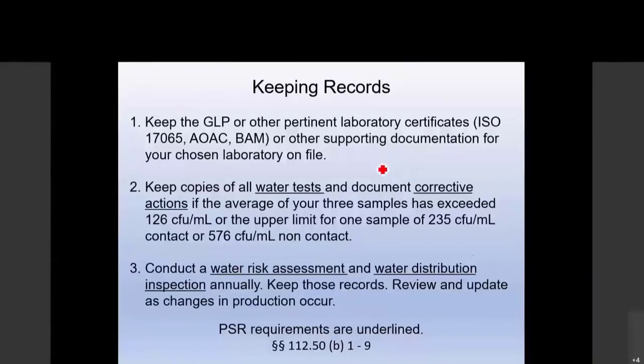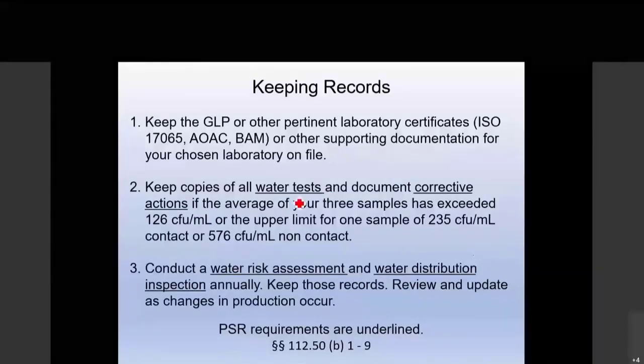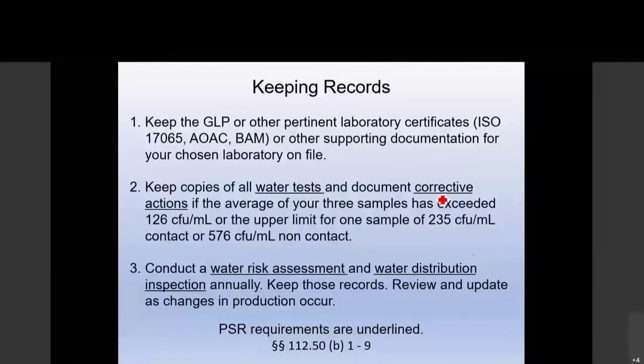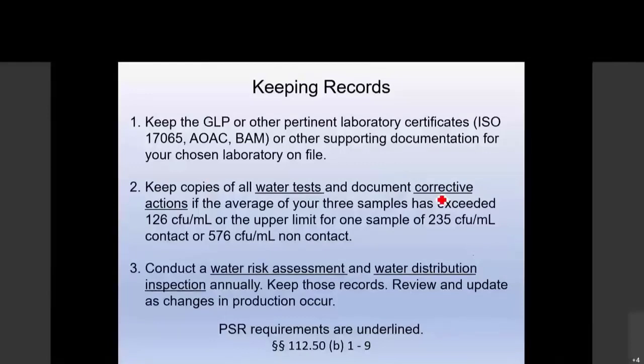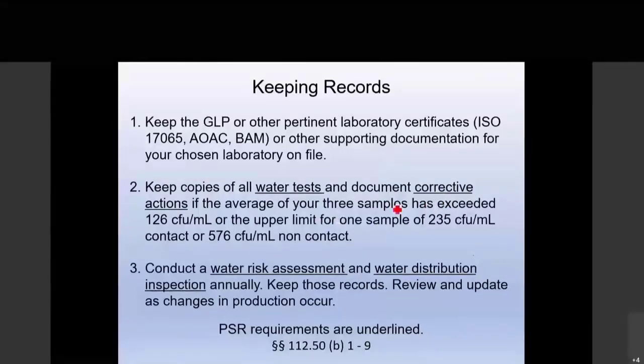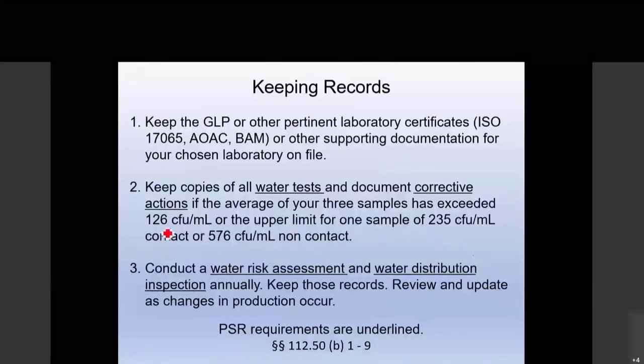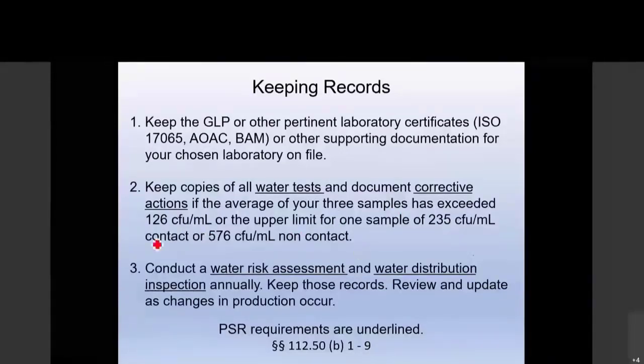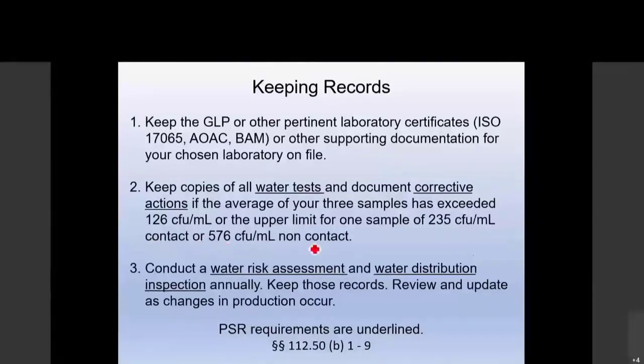Keep it on file. You want, as previously mentioned, copies of all water tests and all corrective actions. So that's going to be both GAP and Produce Safety Rule. If the average of your 3 samples is exceeded, 126 colony forming units will be the upper limit for contact, or 576 for non-contact.